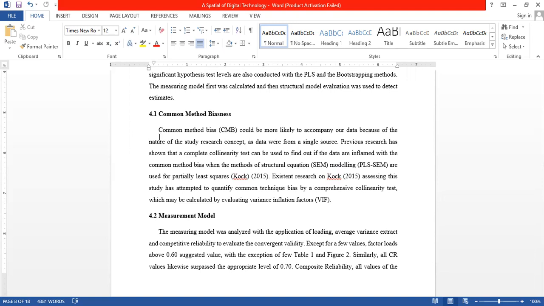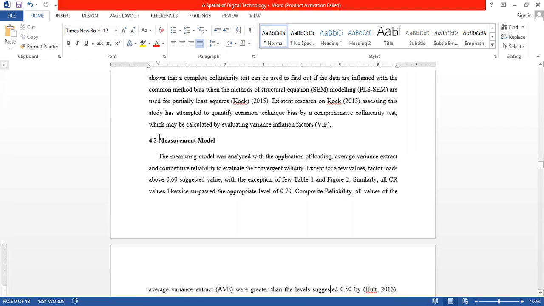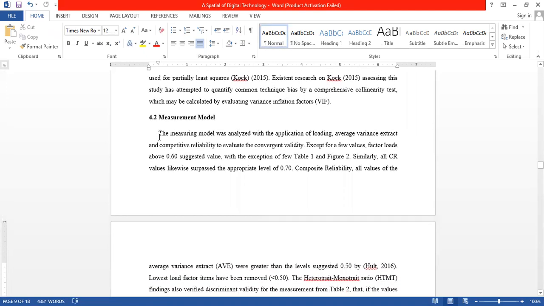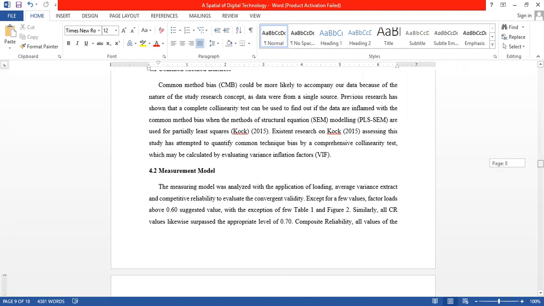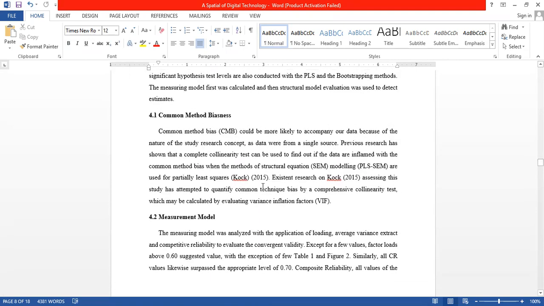You will briefly introduce how you used all types of techniques, in what sense and how. As here you can see, I have mentioned what bias is and how this bias can occur. I have already given references as well, as here you can see.